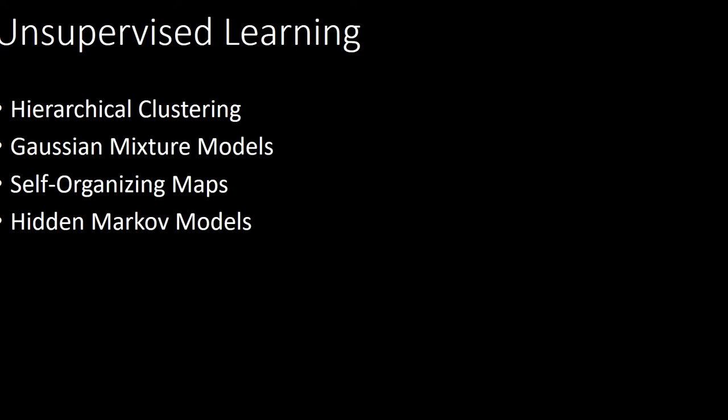When we defined the 5 most important or most used data mining paradigms, we mentioned unsupervised machine learning. There are specific algorithms that fall under this category, such as those listed below. We will be looking at self-organizing maps in MATLAB.